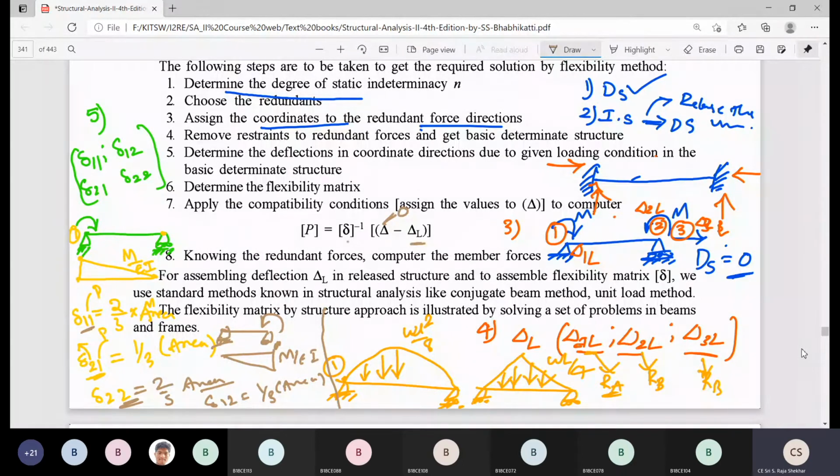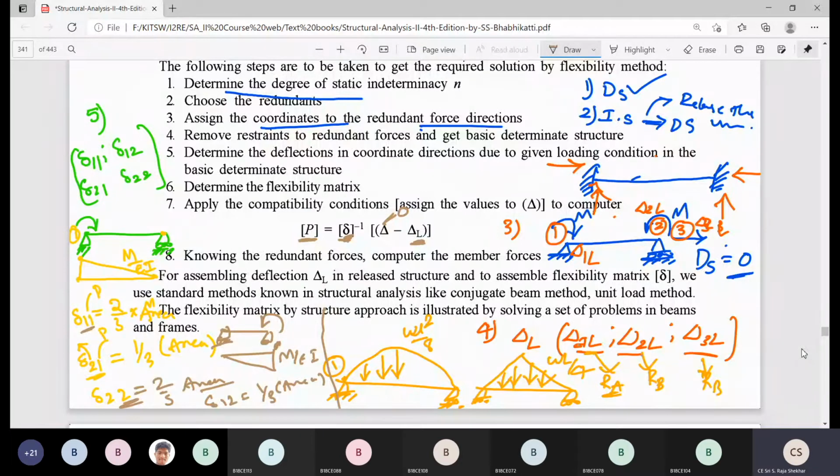Next, the del matrix is the flexibility matrix. This is the displacement matrix, and this is the unknown force matrix. If you solve the inverse of del times delta L, you will get the unknown forces.